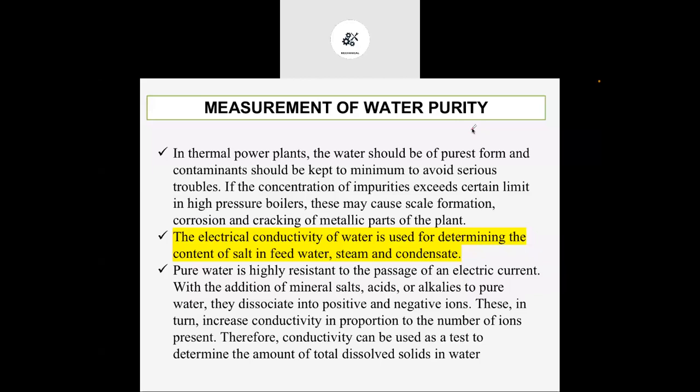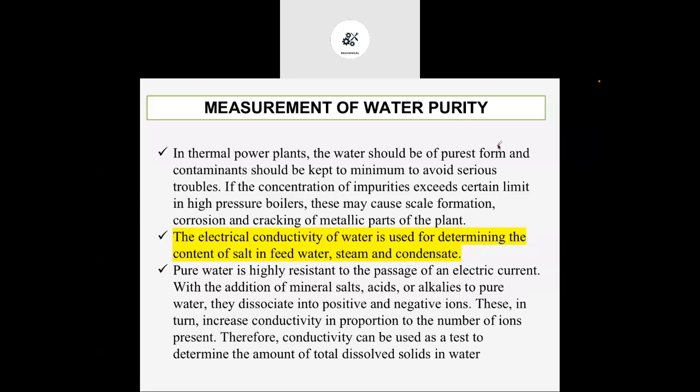When there is dissolved salt inside the water, it doesn't change its phase to the vaporized form. In that case, it will precipitate on the inner side of the condenser tubes or the boiler tubes, and that will cause the corrosion problem.